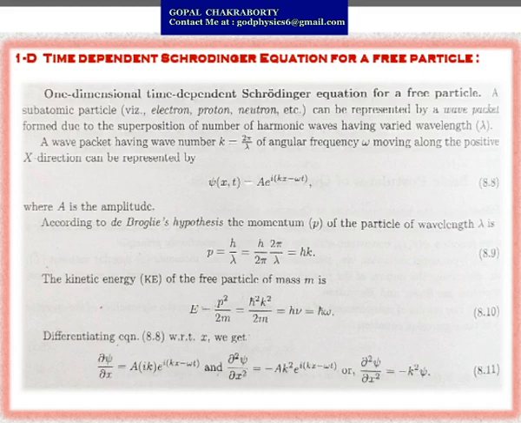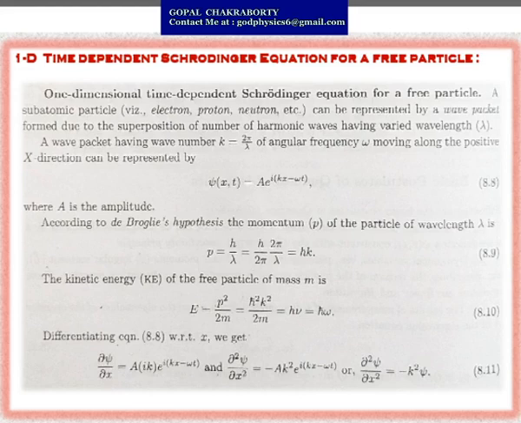So h by 2 pi into 2 pi nu, the kinetic energy can be represented as h cut omega. So you know the momentum equals h cut k and the kinetic energy is h cut omega. These will be denoted by equations 8.9 and 8.10.